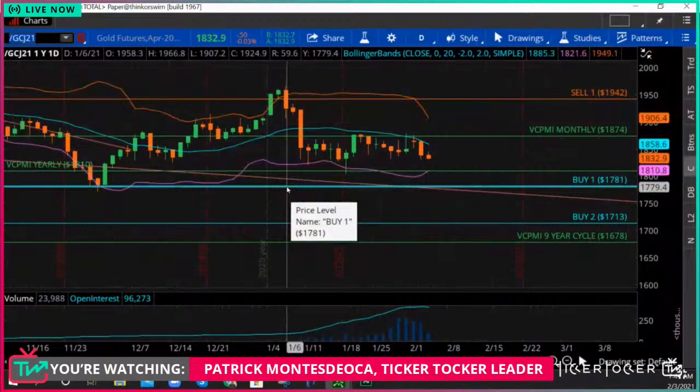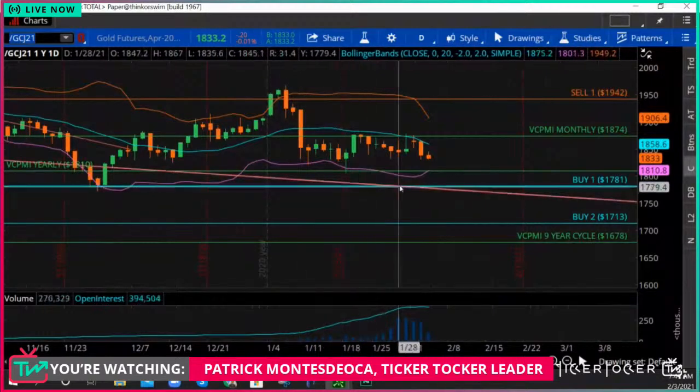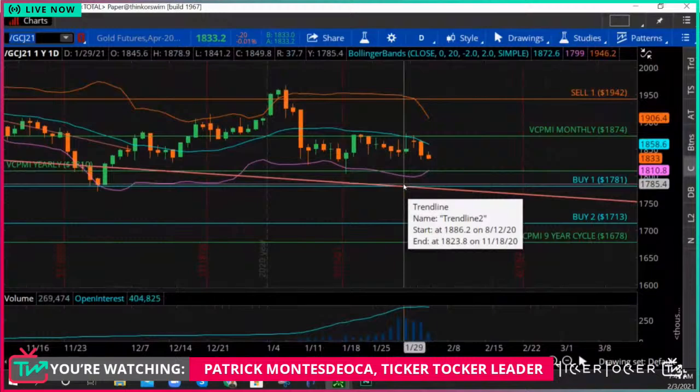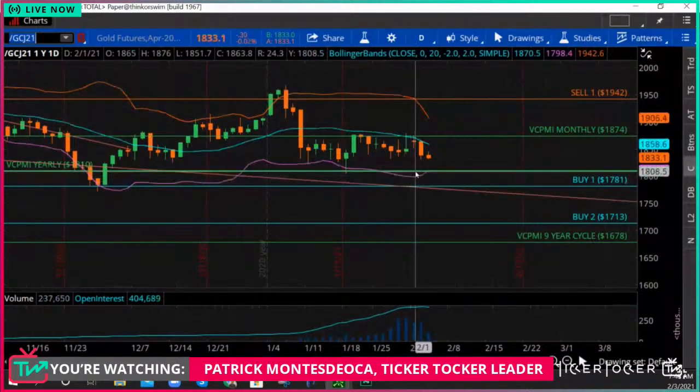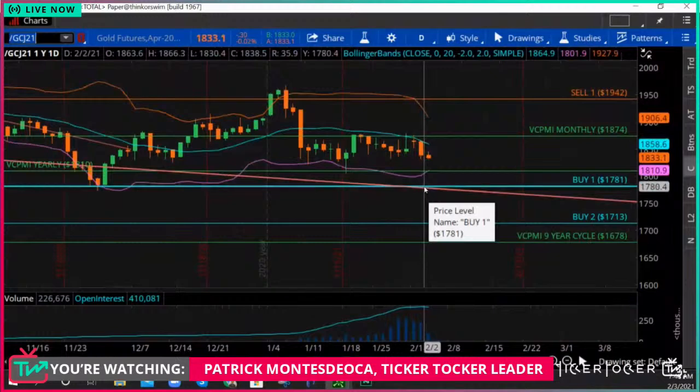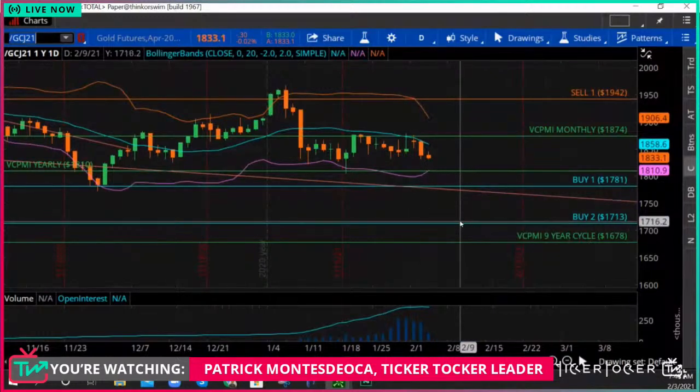So I think we've defined the market into a trading range, and breaking out of either side is going to unfold the next directional move. Break above 1781 or a close below 1810 activates 1781 to 1713. Pretty clear. This is the monthly numbers that are going to be running for the rest of the month.